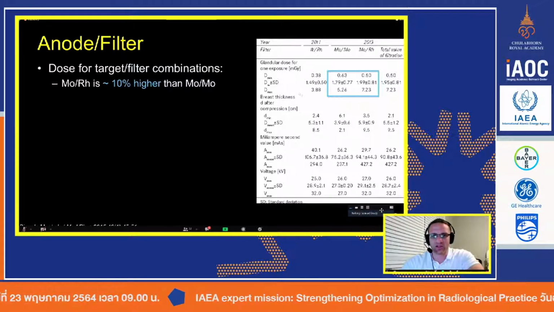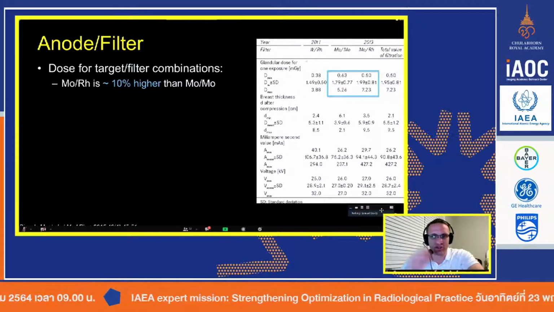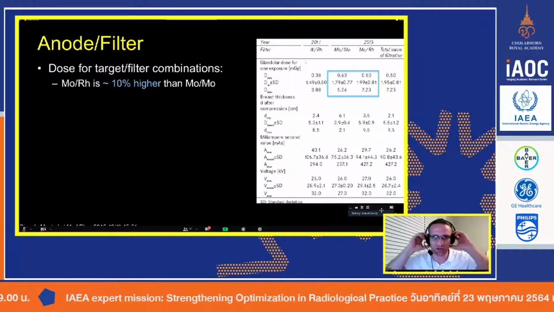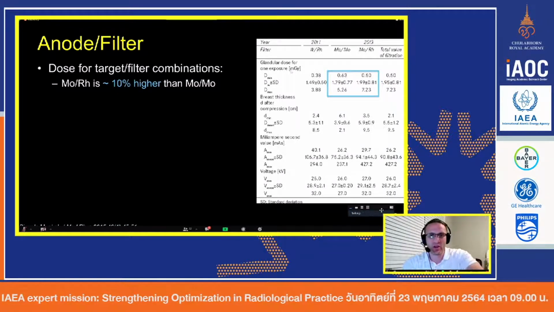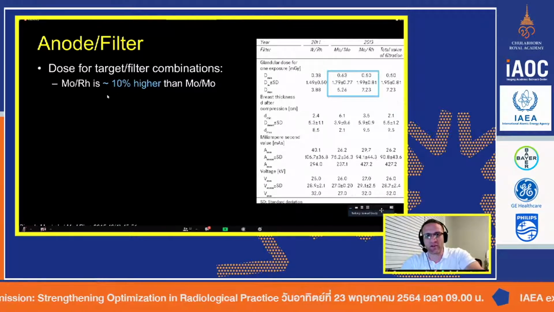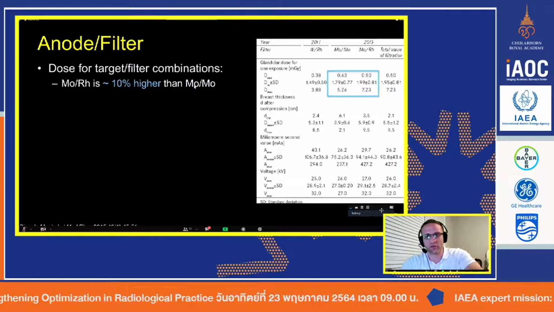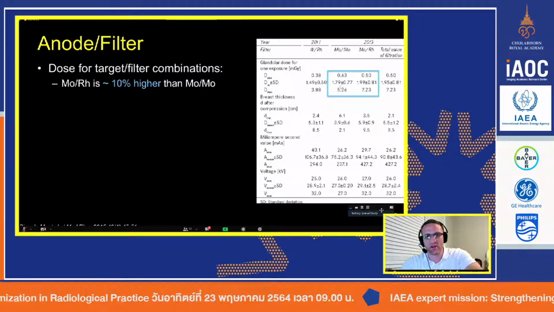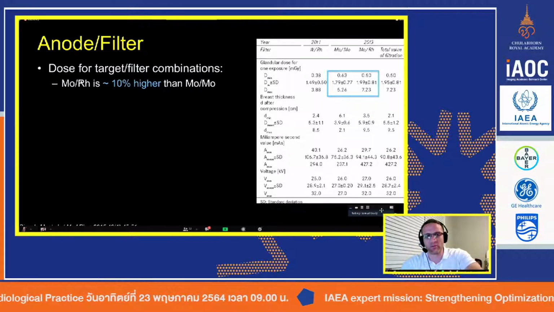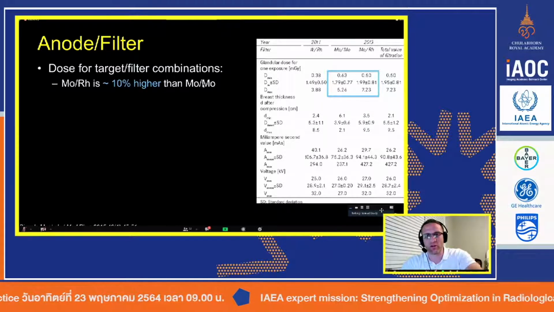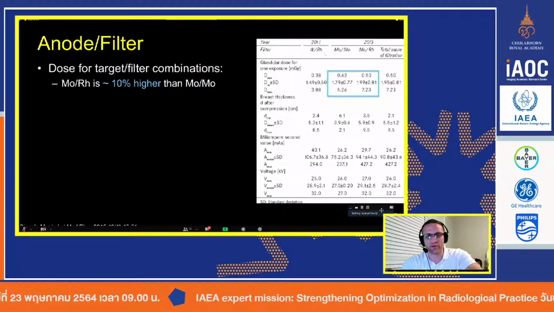They asked the question, which target combination would produce the higher patient dose? And when they did their study, they found that the moly target produced the highest dose. Moly rhodium was 10% higher than moly and higher than the tungsten rhodium.